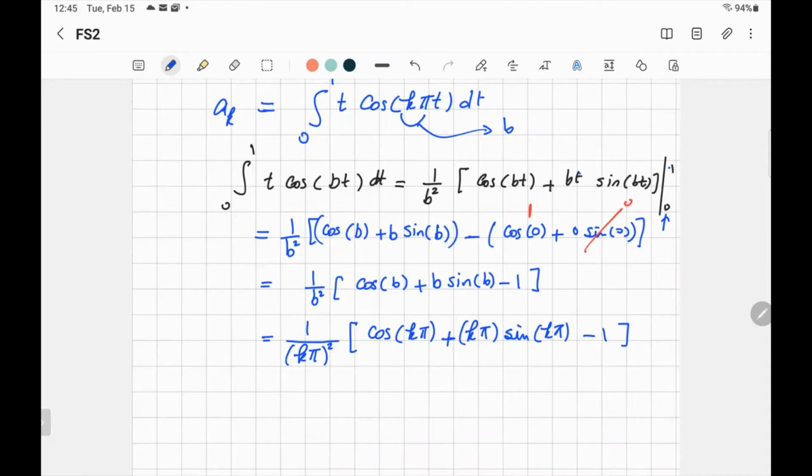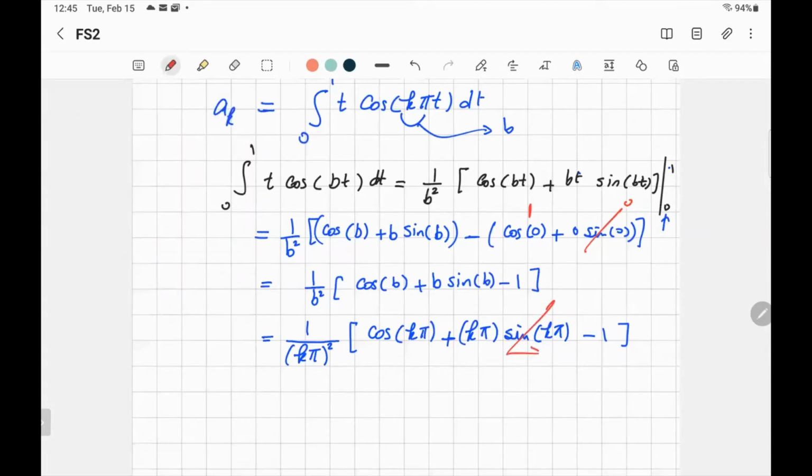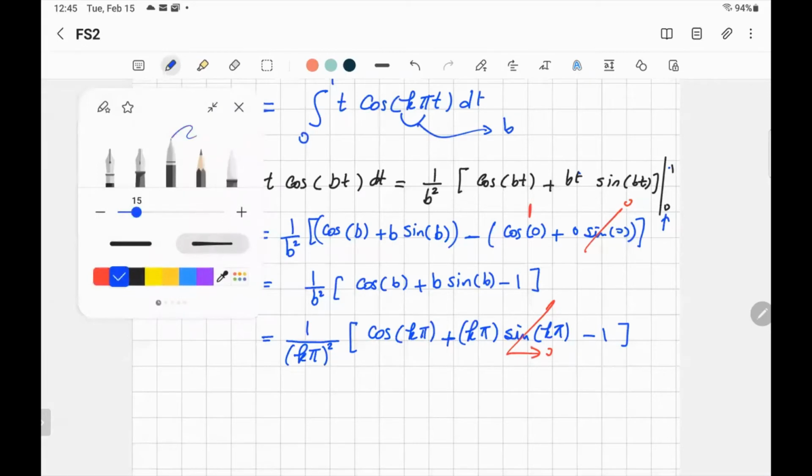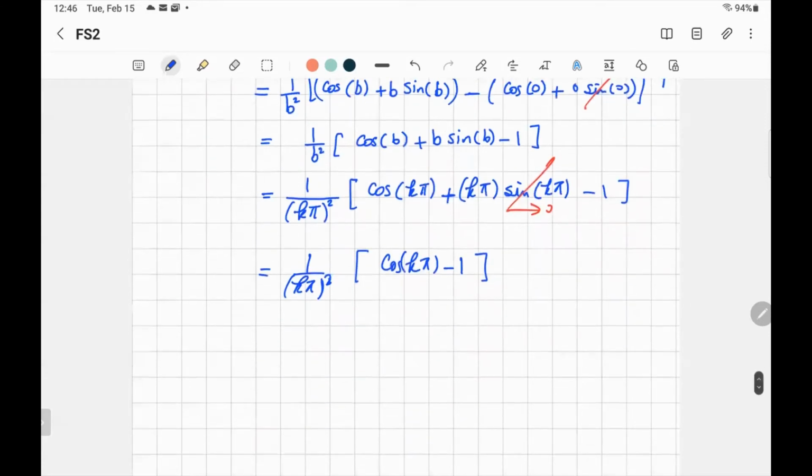If you face it, just plug in some number and see. So that sine term is 0 and gone. What's left? 1 over k pi square, cosine k pi minus 1. That's a_k.